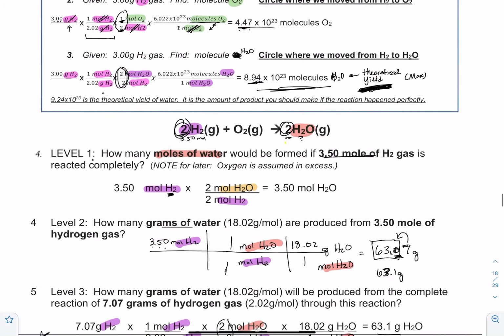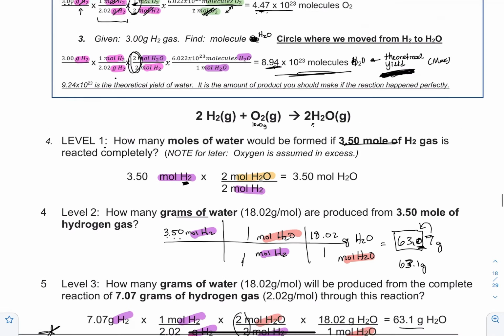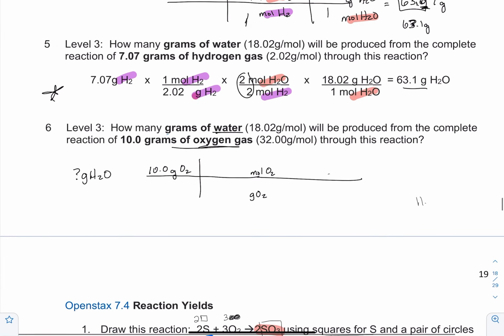Like if I were to put stuff underneath, I would say that I've got my 10 grams of oxygen, and I just set it right there. And that's what I'm trying to find. So grams to moles, and we're going to go from moles of O2 into moles of H2O, and then from moles of H2O to grams of H2O.